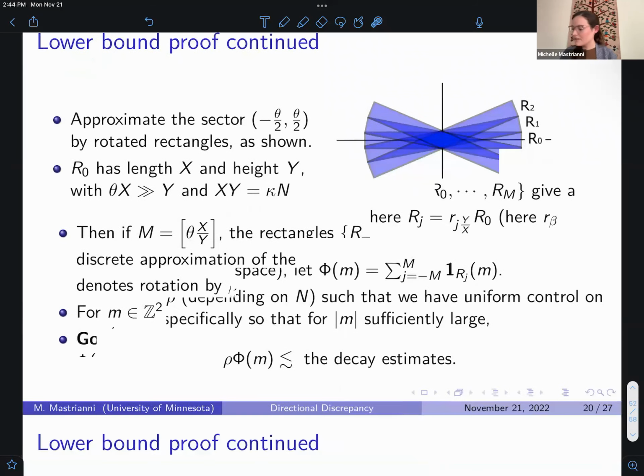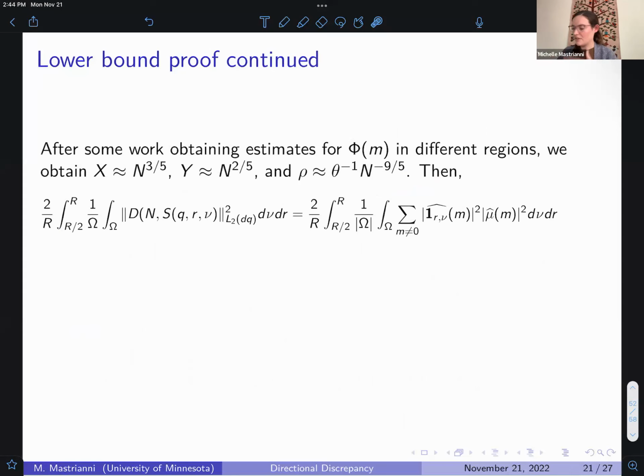then you can optimize and obtain the following orders for x, y, and rho respectively. And then basically the proof follows from there. Over here we have the square of our L2 average of the discrepancy with respect to translations, and then you're also averaging over rotations and dilations.